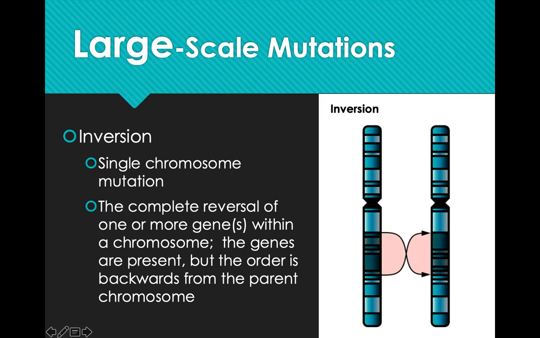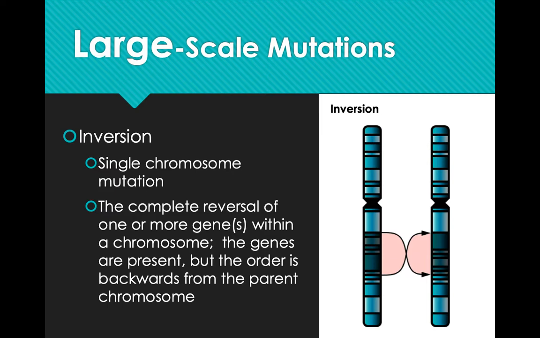This means that now your gene is there, but the actual way that we're reading the gene, right? Because transcription occurs beginning at the three prime end and it moves towards the five prime end.